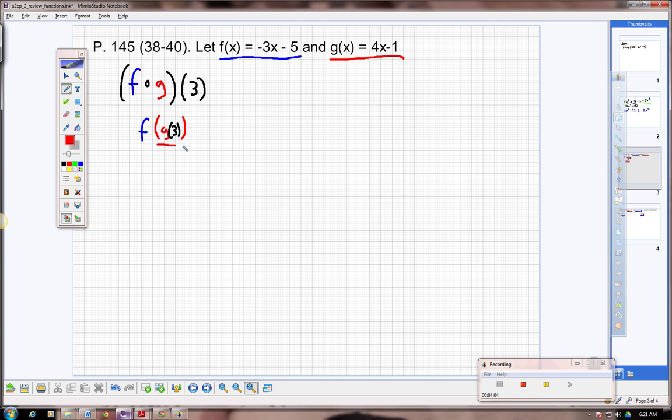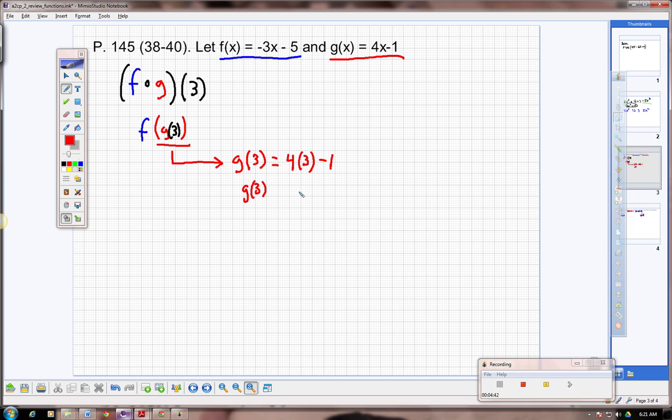In order to find g of 3, I'm going to do some side work here. Every time I see an x in function g, I'm plugging in a 3. So 4 times 3 minus 1. I know you're all thinking 11 right now, Mr. Claxon, right? So g of 3 is equal to 11.